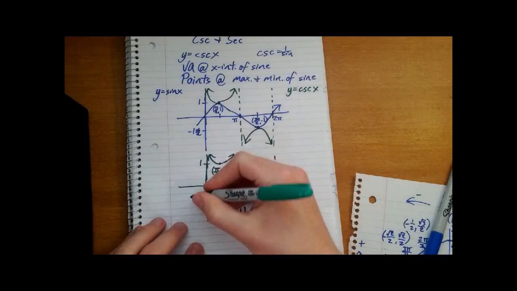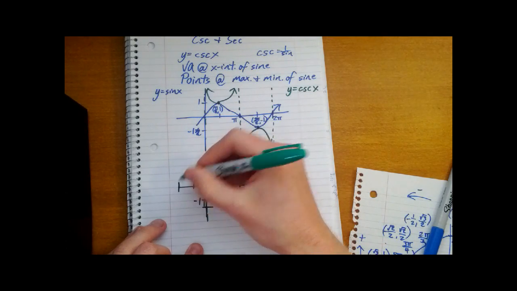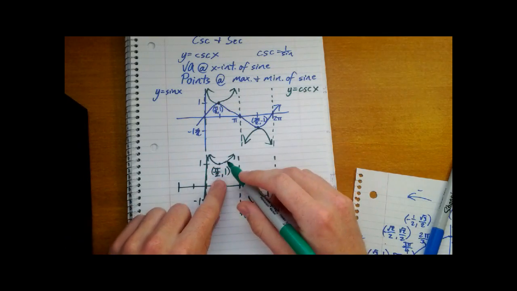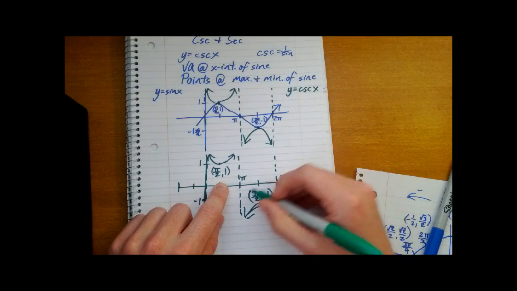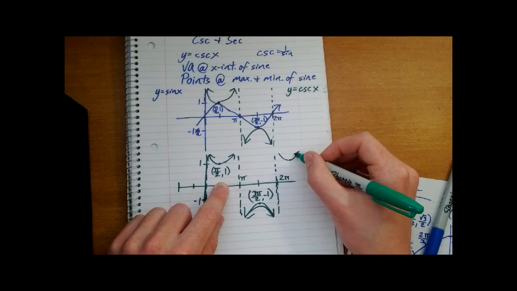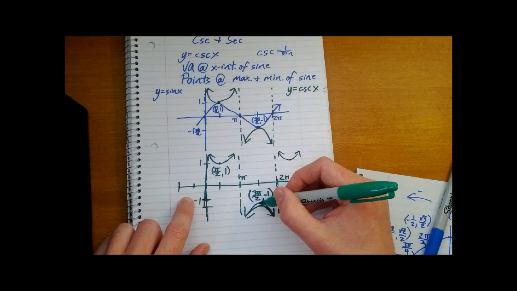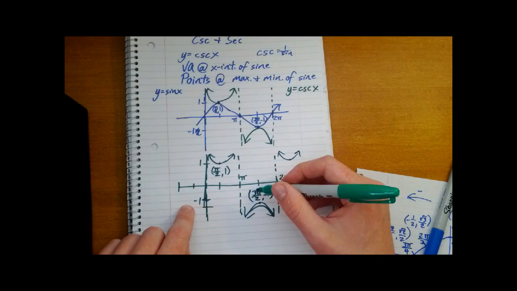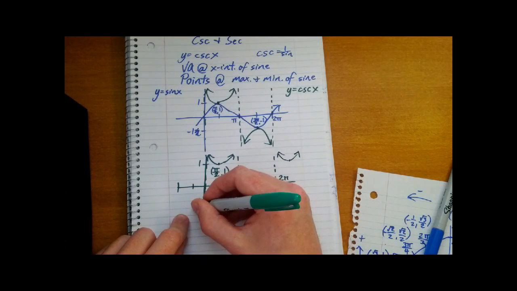And you will have it opposites over here. The period is still 2 pi, so way over here at 5 pi over 2, you will have a point, and it'll go like this. Over here, 2 pi away from 3 pi over 2 is negative pi over 2.